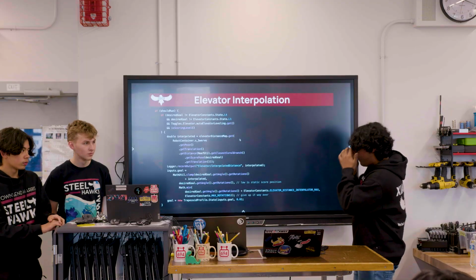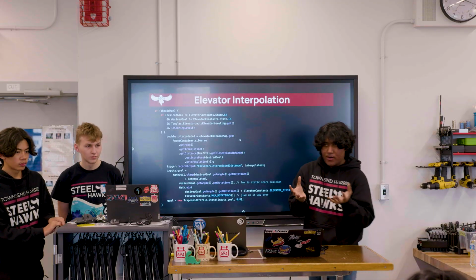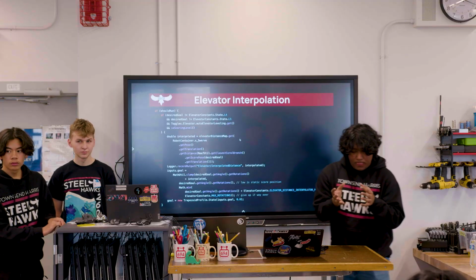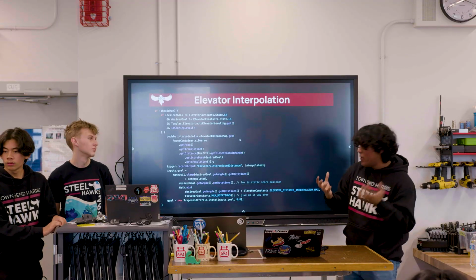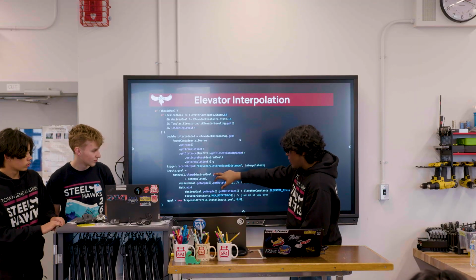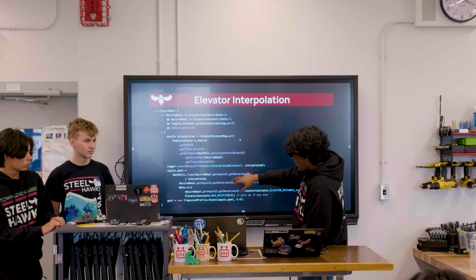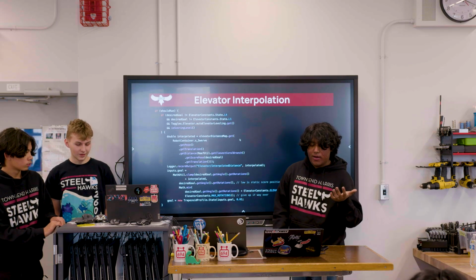A clamp is basically, let's say you have a number, and you're clamping it in some interval. So this is your desired goal, which is like your set point if you use a profile.